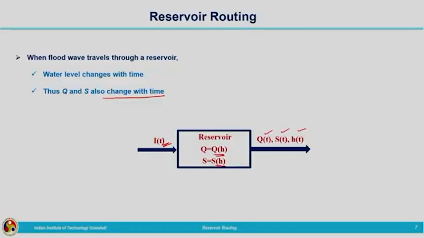Along with that, we have some initial values corresponding to discharge, outflow and the storage. So, before going to the technique related to reservoir routing, we need to have an understanding of the S and Q relationships, that is, the relationship between the storage and the outflow.